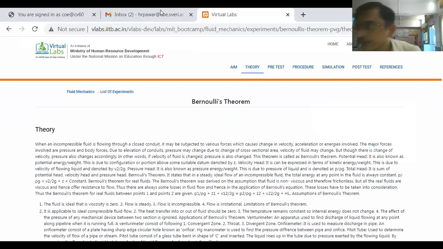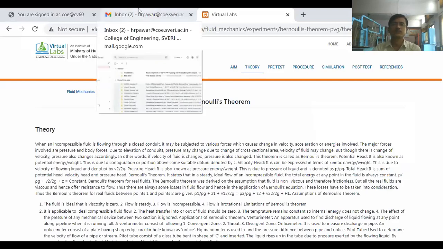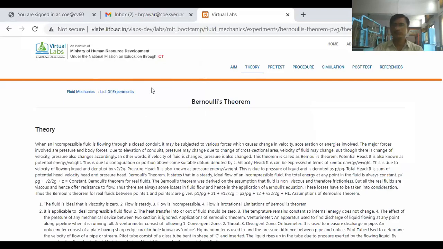It is about the law of conservation of mass or energy. Can anyone tell? It is about the law of conservation of energy.